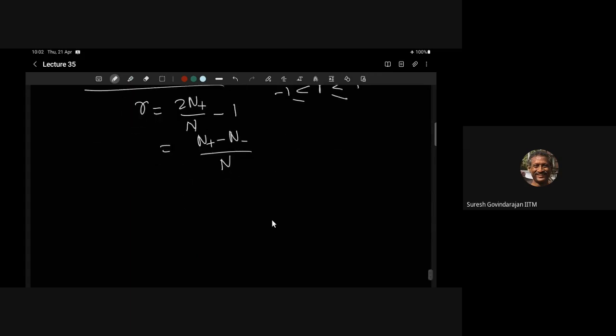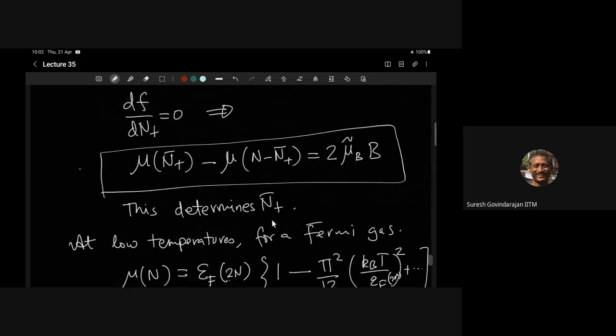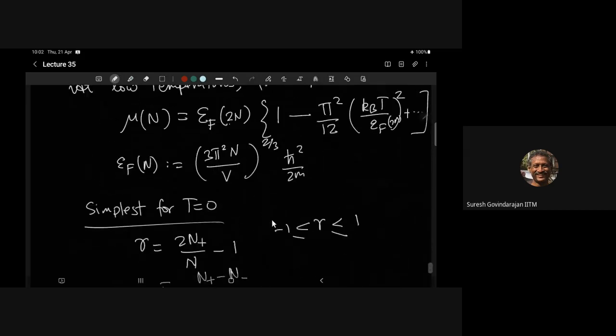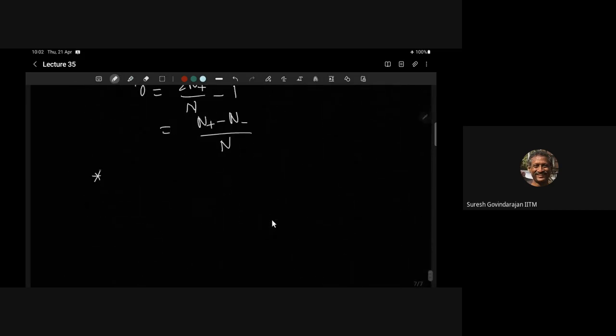So you can show that this equation star becomes these, and these are T dependent terms.